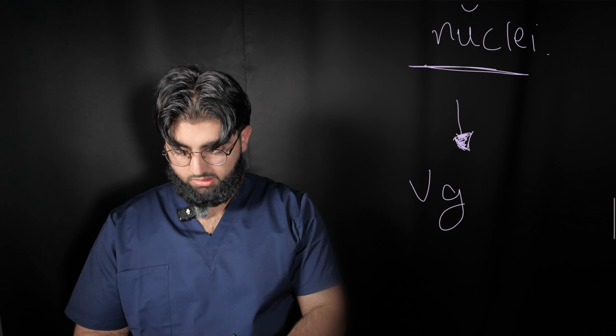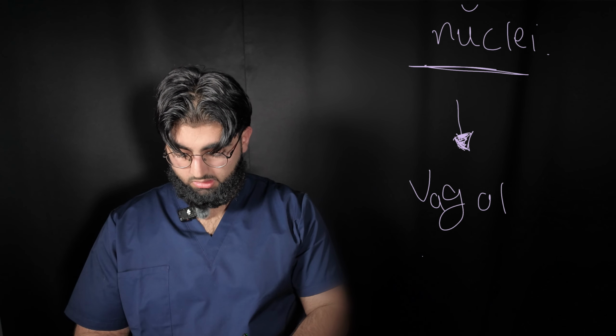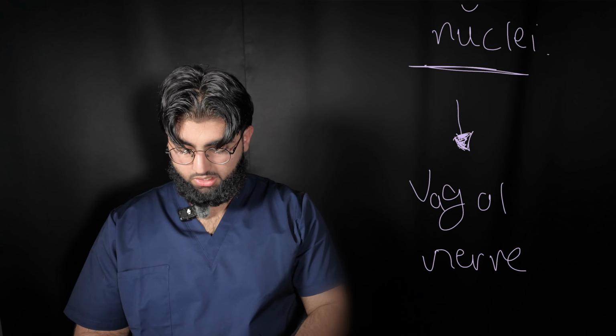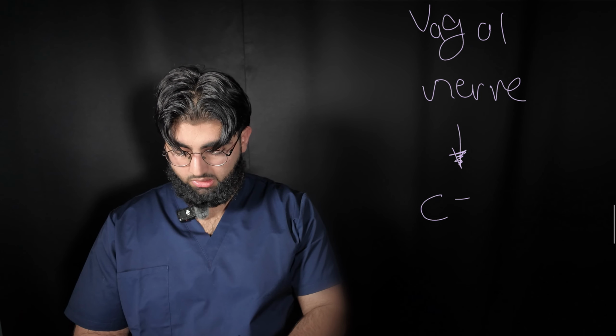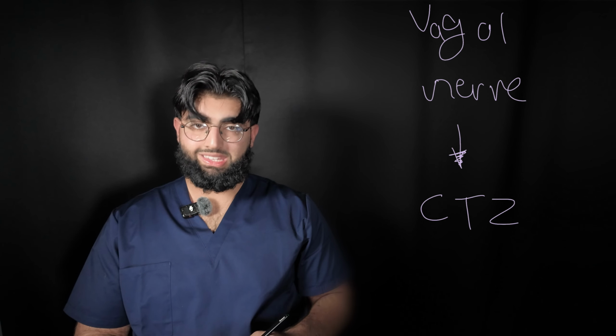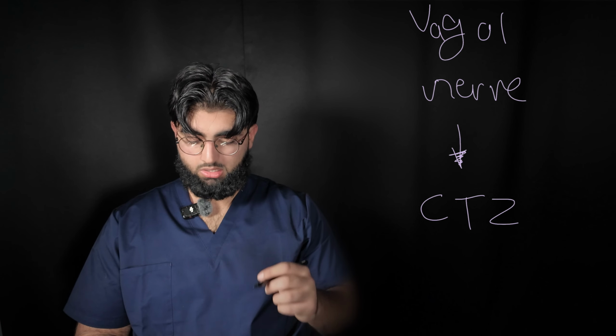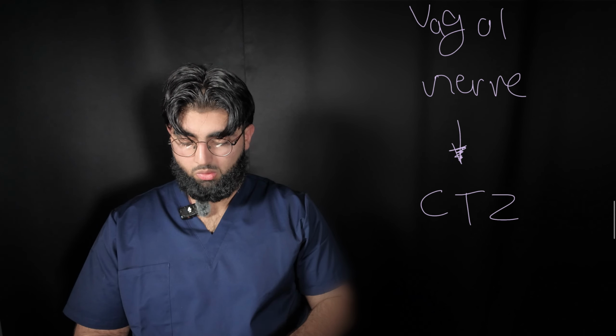So we have vagal nerve activation, right? It then goes into the brain and can activate the CTZ, which is the chemoreceptor trigger zone, okay? Now, when this occurs, this is within the brain, right?